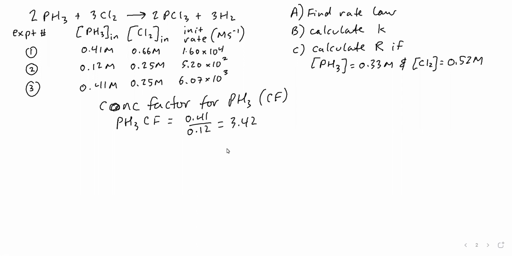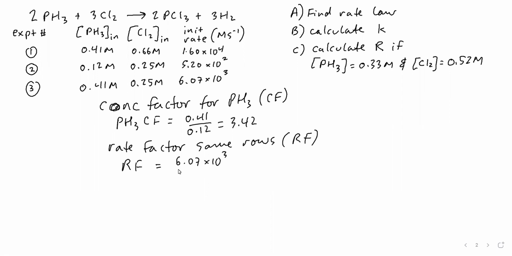Now what we're going to do next is figure out the rate factor for the same two rows, and I'll call that the rate factor, RF. For the rate factor, we do the very same thing. We take the higher rate, that's the second of the two rows, and we divide it by the lower rate.